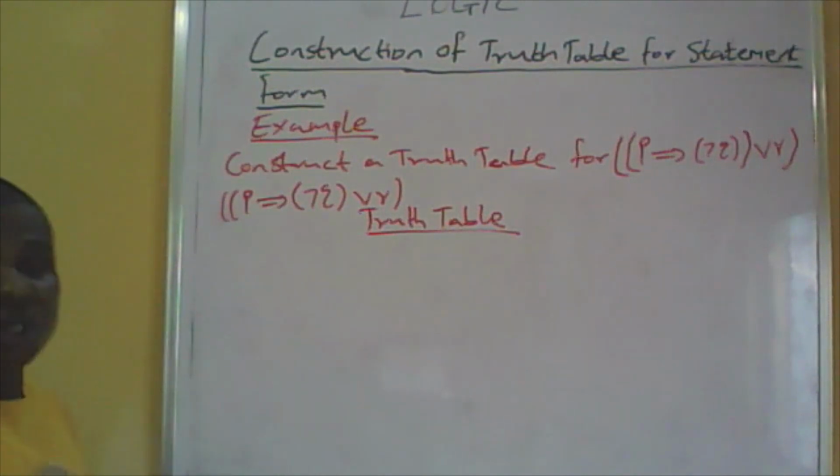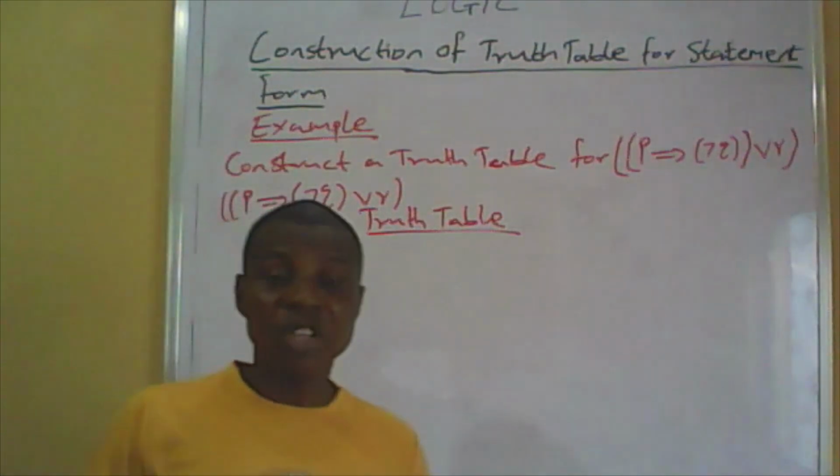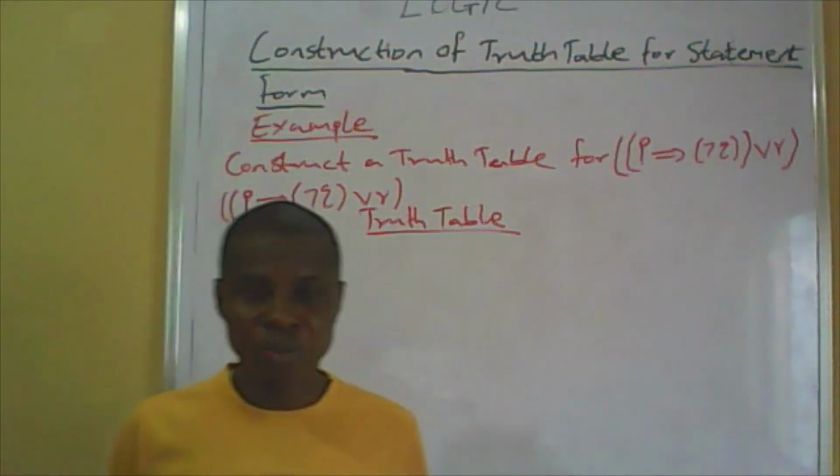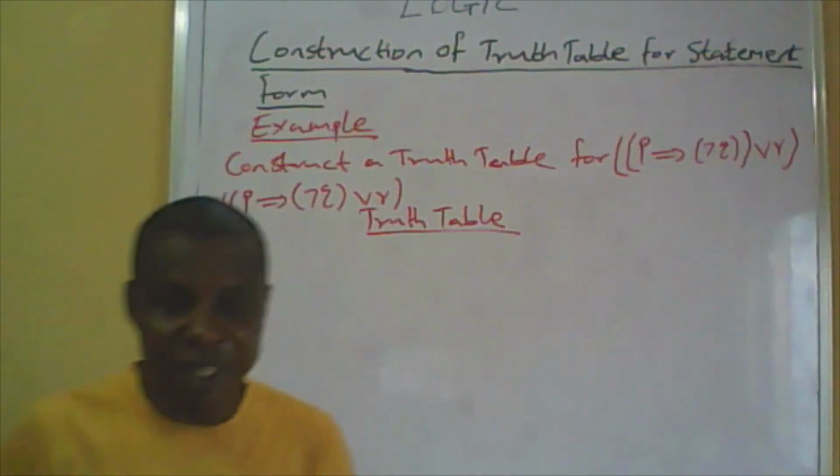We know that a truth table contains rows and columns. Let us draw the truth table so that it contains rows and columns.